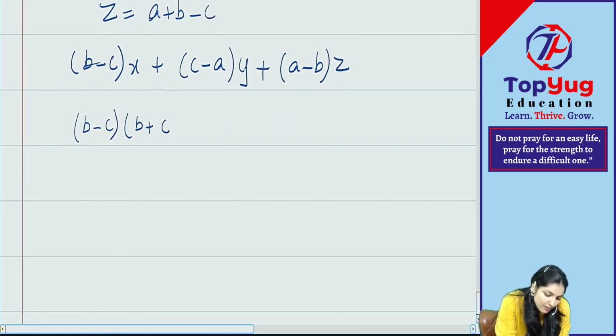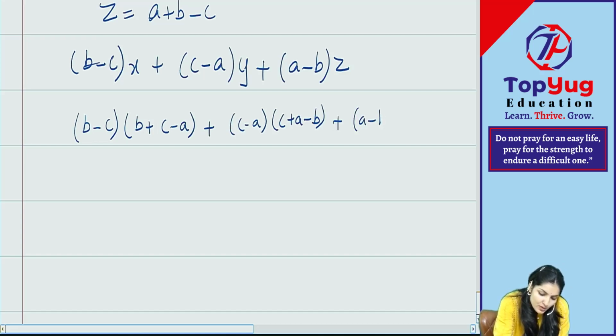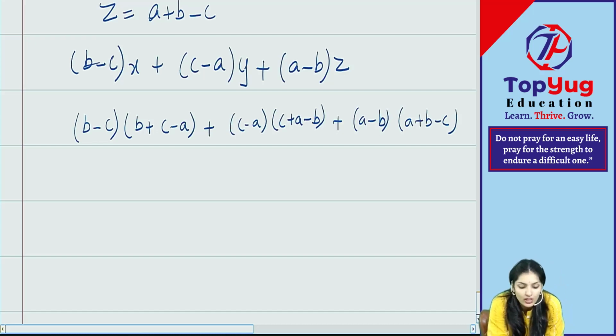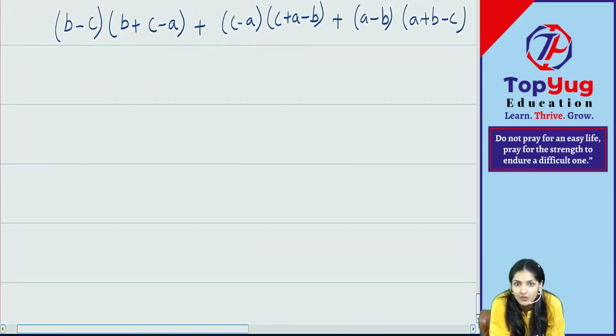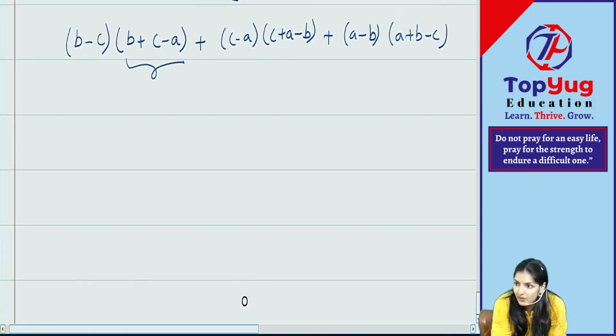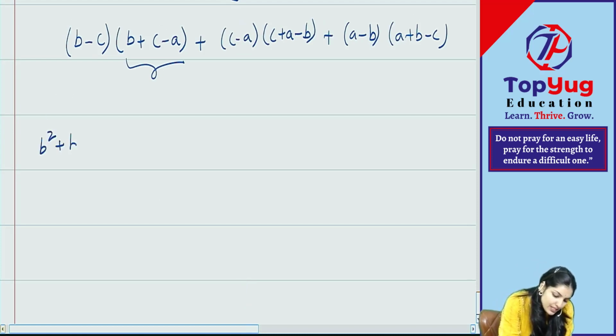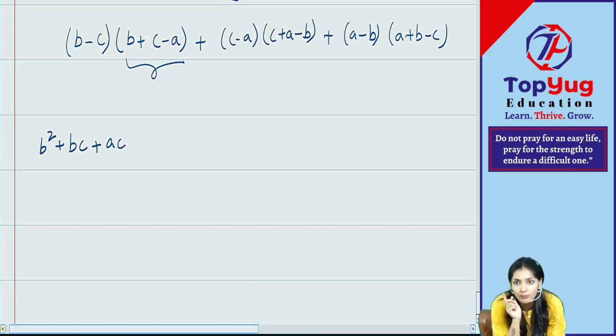b plus c minus a, plus c minus a into c plus a minus b, plus a minus b into a plus b minus c. So guys, listen carefully. We will multiply each and every term at once. I am starting with b. I will multiply b with all the three and then c with all the three. So b square plus bc plus ac, because minus into minus becomes plus, minus c into minus a.